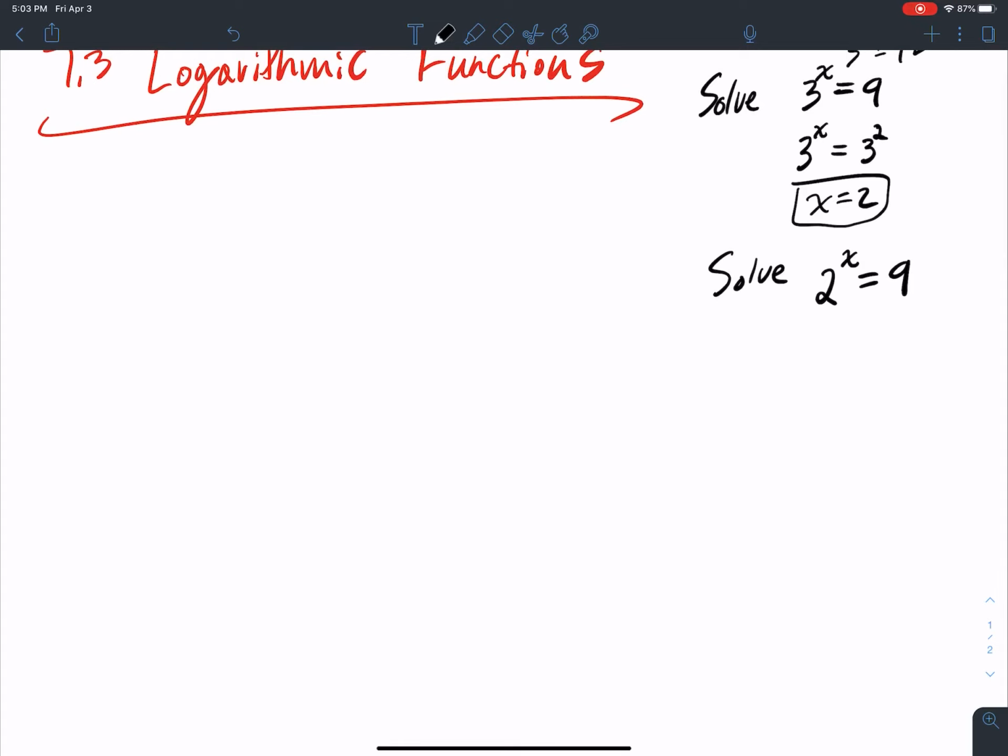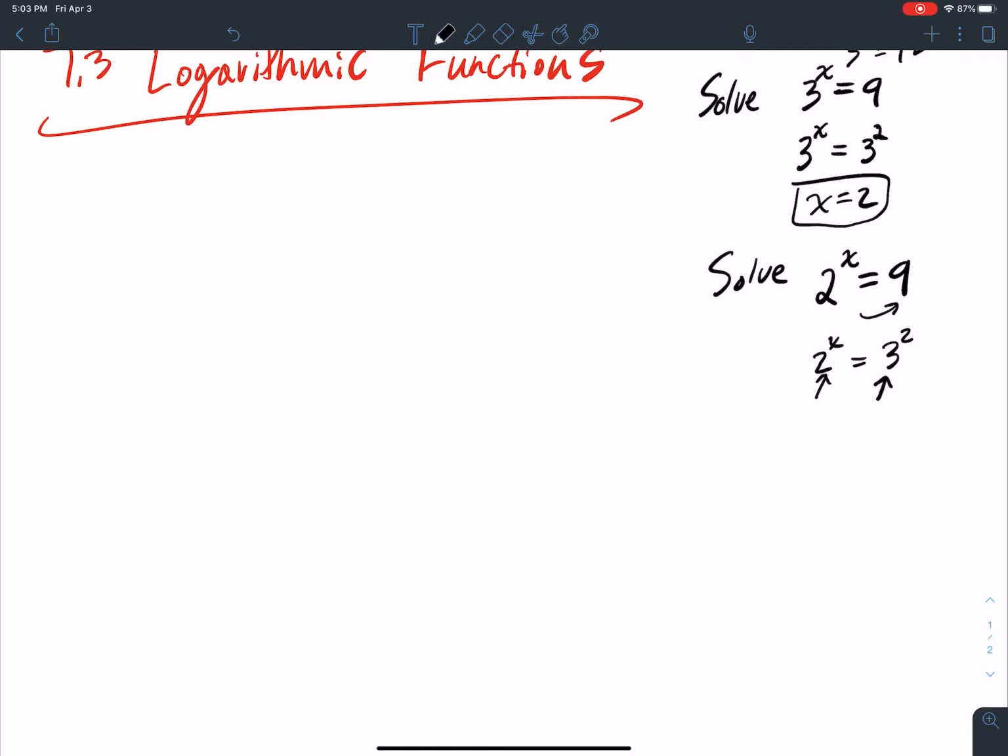If I try to rewrite 9 as a power of 2, 9 is just 3 squared. Now all of a sudden I've got a base of 2 over here and a base of 3 over there. I can't use my trick that I've been using up to this point.